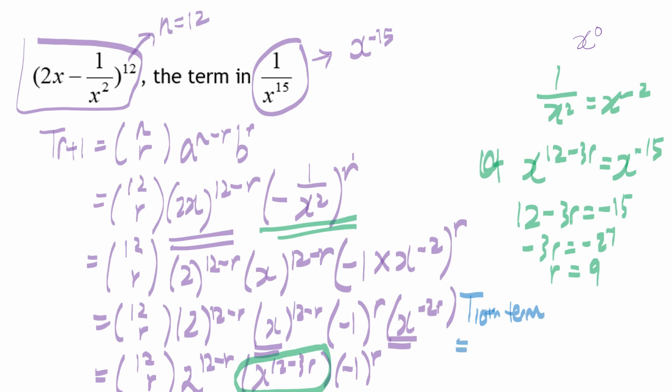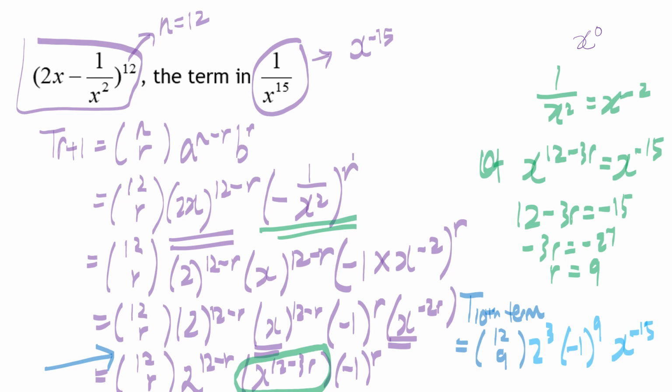Now we know r equals 9, we can substitute back into here. That will be 12C9, 2 to the power of 12 minus r, which is 12 minus 9, so 2 to the power of 3, bracket negative 1 to the power of 9, and of course x to the power of negative 15, because this is what we're interested in getting.